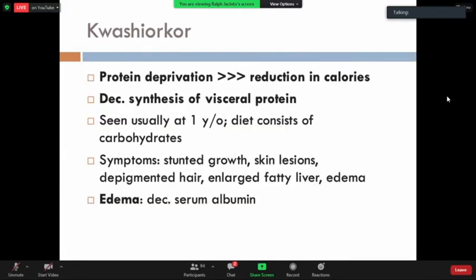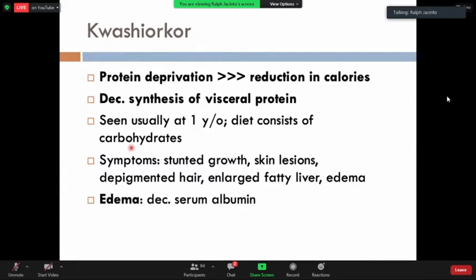Okay. So in kwashiorkor, the protein deprivation is greater than the inadequacy of calories. This usually occurs in individuals whose diet is composed of carbohydrates only, for example, children who are only eating cereals and rice.